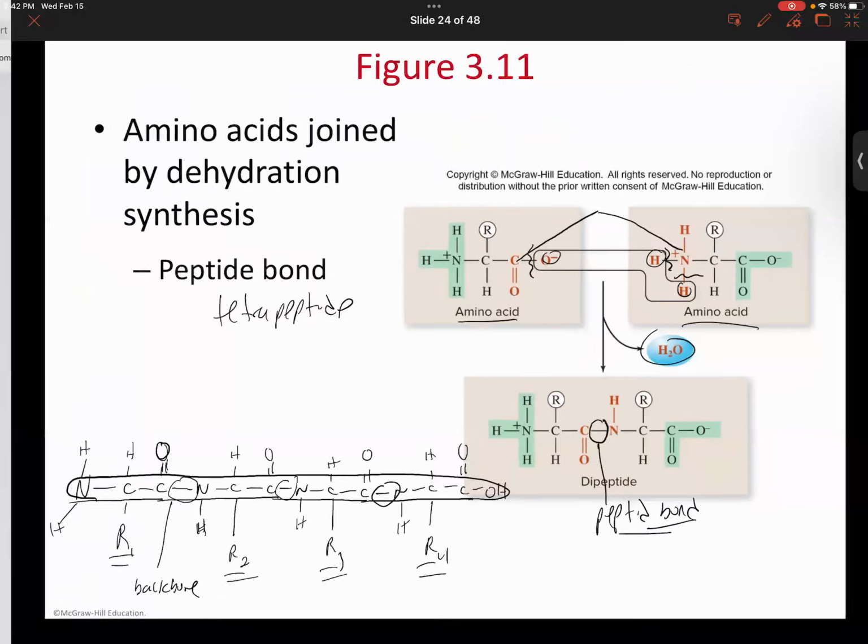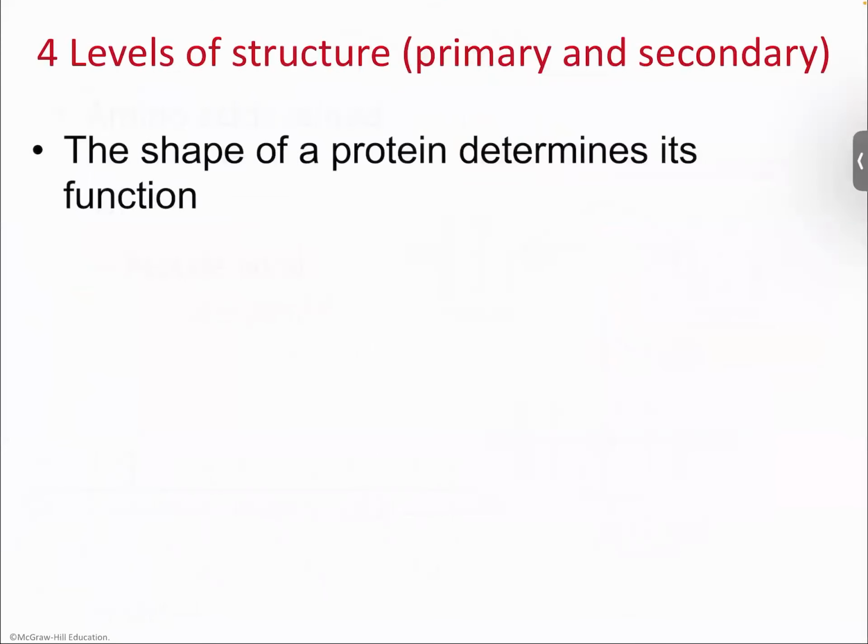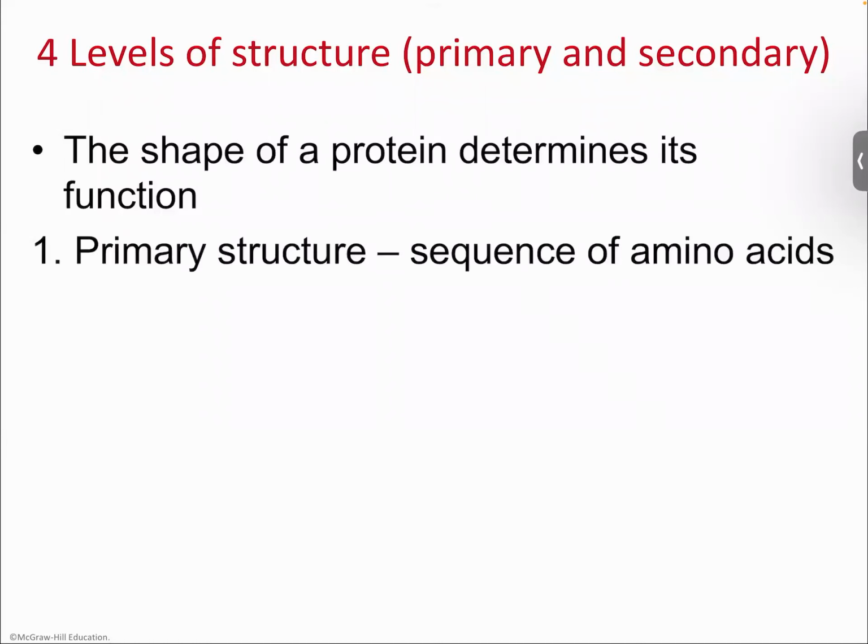So let me kick up the slideshow again, and let's start talking about the 4 levels of structure. The first level is what's called primary structure. Oftentimes it's abbreviated as 1 degree. Basically, this is the linear chain of amino acids linked together by peptide bonds.